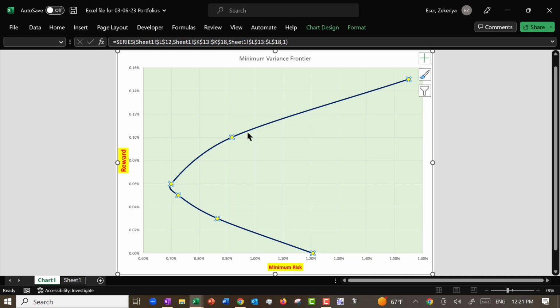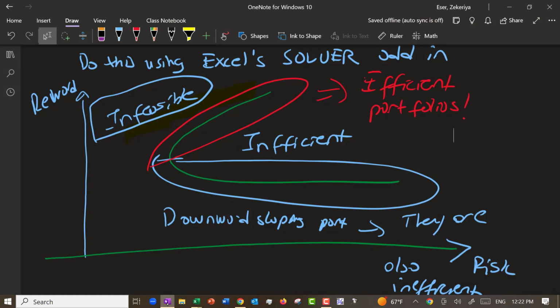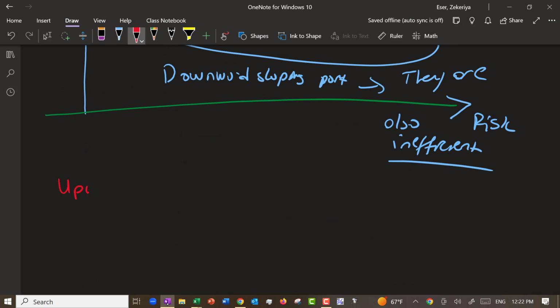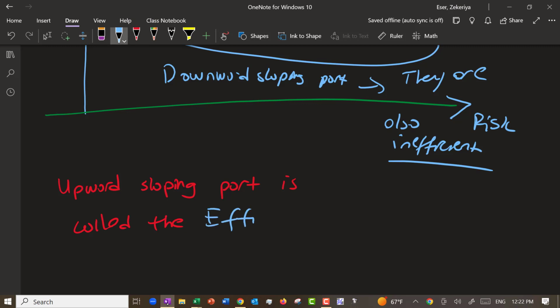And that upward sloping part has a special name. It's called the efficient frontier. What that efficient frontier tells us is the fundamental law in finance. Nobody calls it fundamental law, but I do.